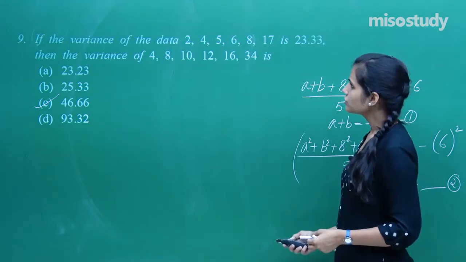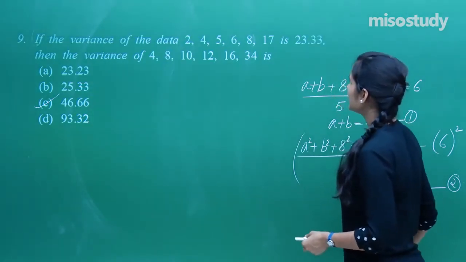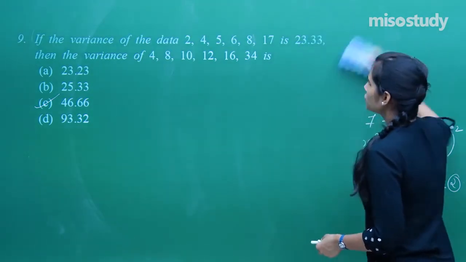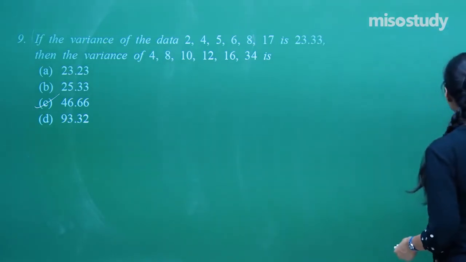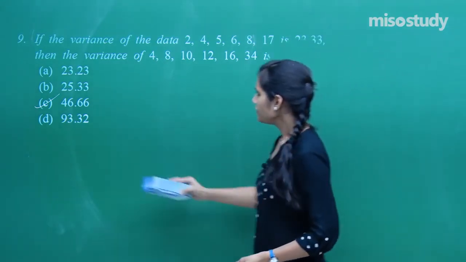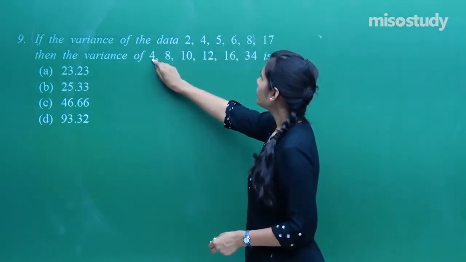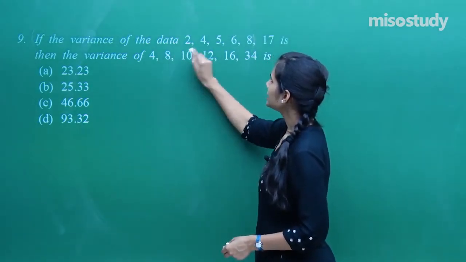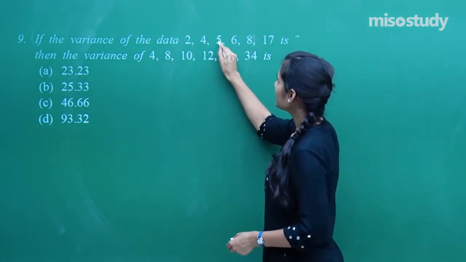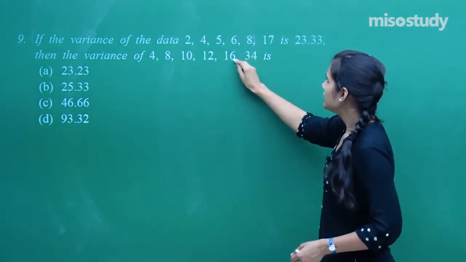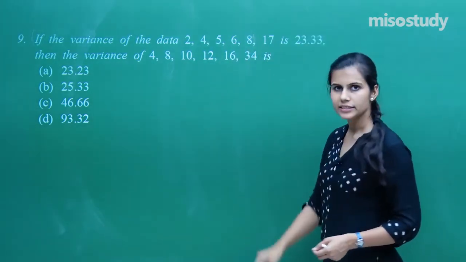Moving on to the next question I have, if the variance of this data is 23.33, then the variance of the given data is what? Now you can very easily observe the given data: 4 is 2 into 2, 8 is 4 into 2, 10 is 5 into 2, 12 is 6 into 2, 16 is 8 into 2, 34 is 17 into 2.